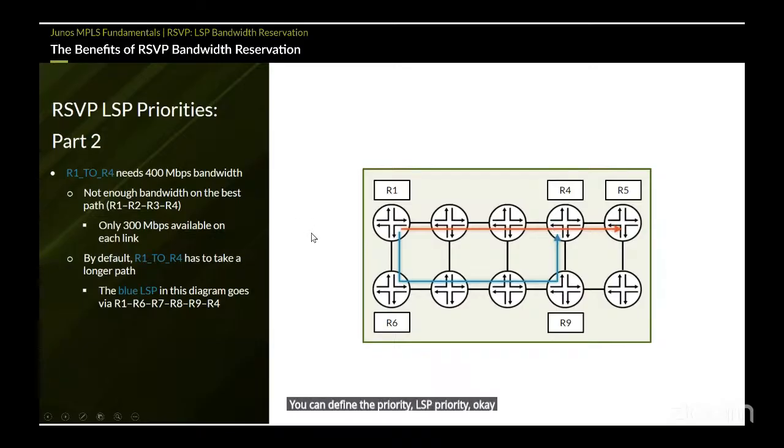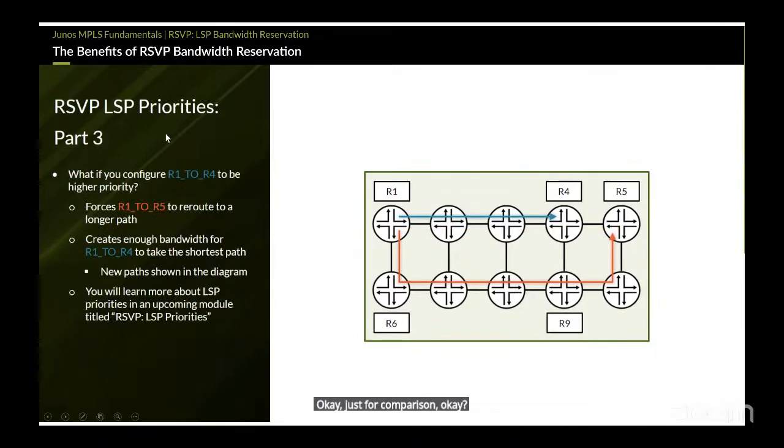If you configure one LSP priority higher than another, their traffic will be considered as platinum, or you can say gold. Okay, just for comparison.